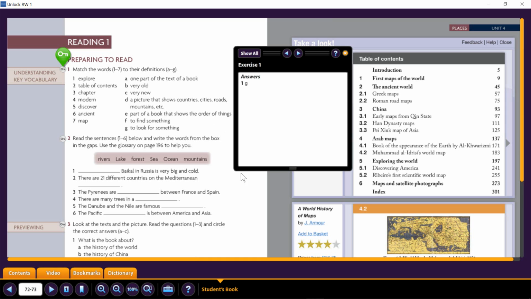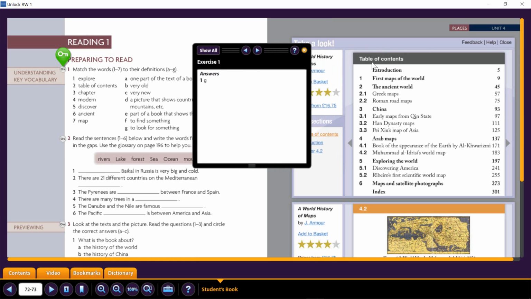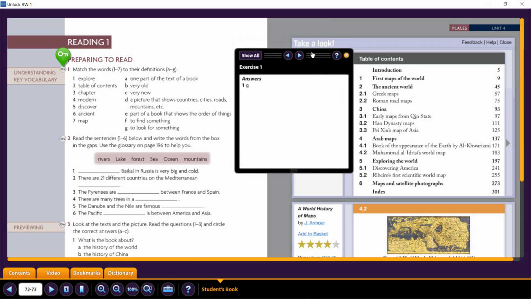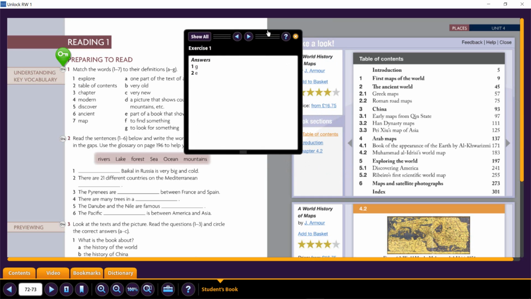Okay, number 2, table of contents. Here we have table of contents. Actually, in each and every book, we have something similar to this. We call it table of contents. So what do you think? Which definition is the correct one? 2 with E. Table of contents means that part of a book that shows you the order of things.